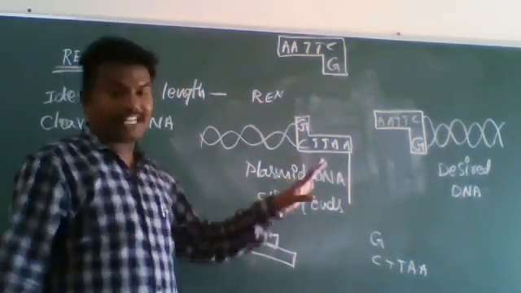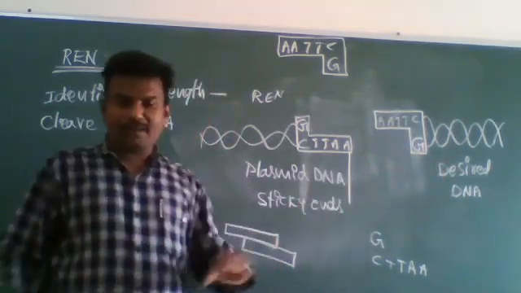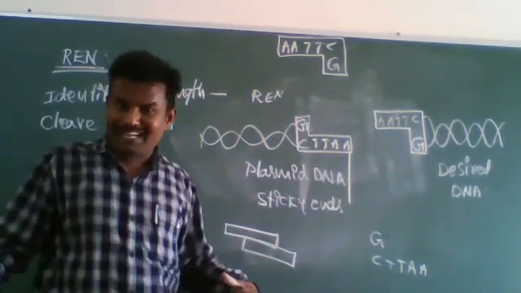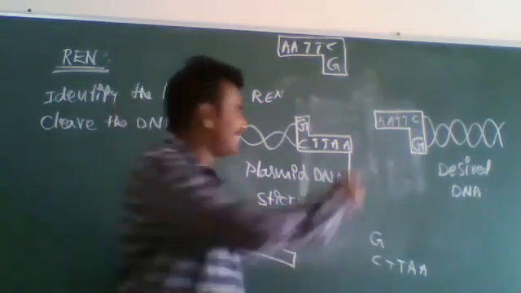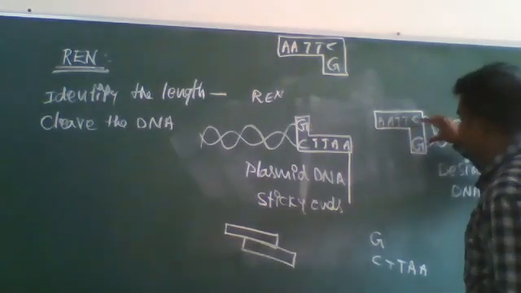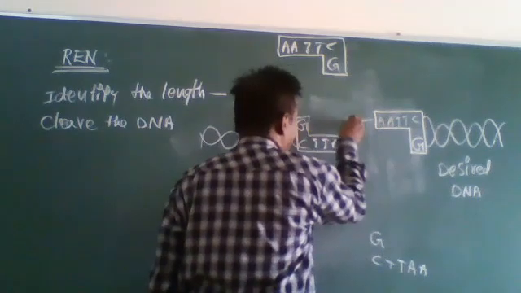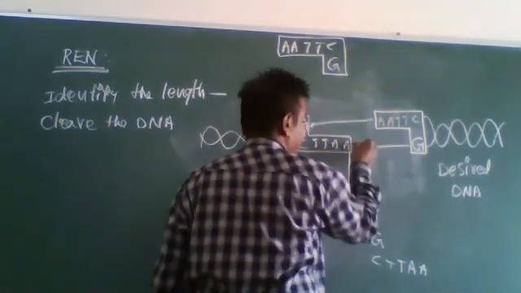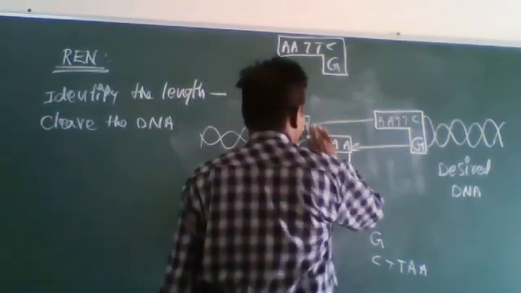After cleaving, both the plasmid DNA and the foreign DNA are cut. Then with the help of DNA ligase, we have to combine them. We will take this and combine it; it will come here and combine. That combination I will show.